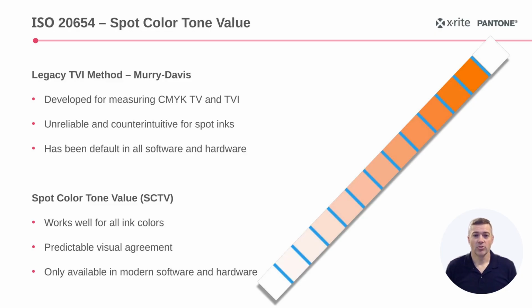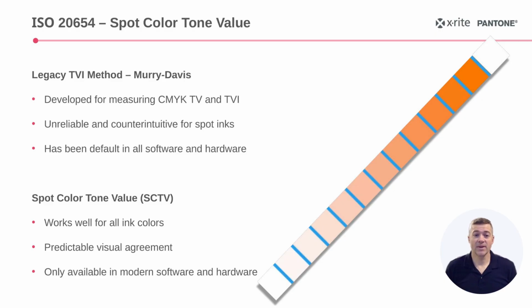ISO 20654 is the global standard that introduces the spot color tone value, SCTV, model. Unlike traditional methods, SCTV uses colorimetric data rather than density to calculate tone values. This approach more accurately reflects how spot colors visually reproduce across various tint levels and is inherently more intuitive for designers and press operators.